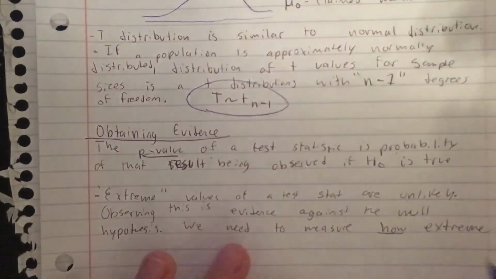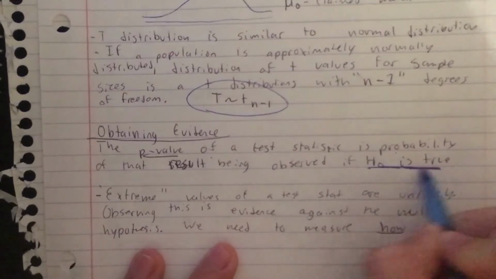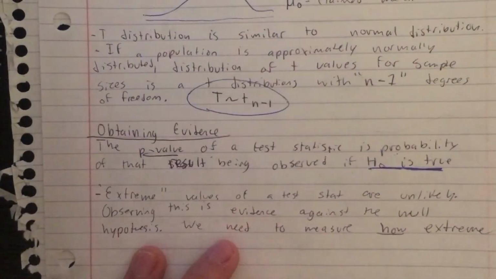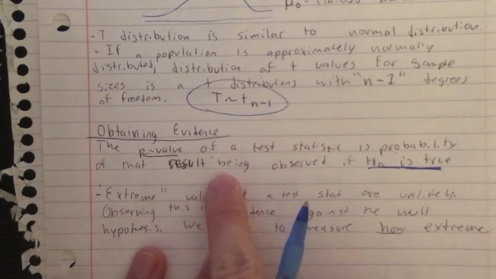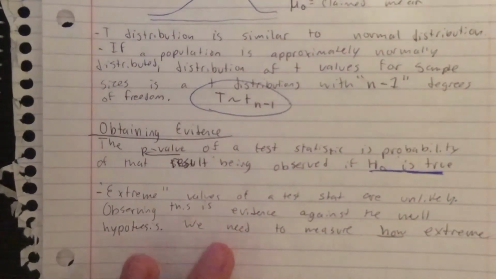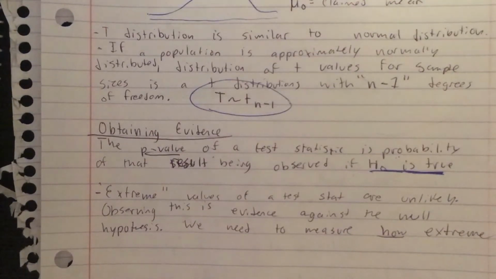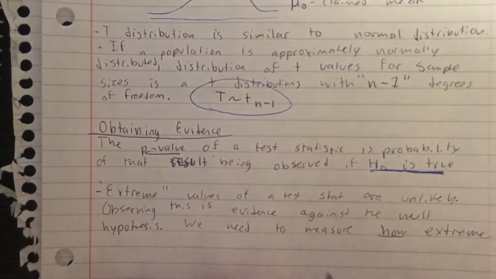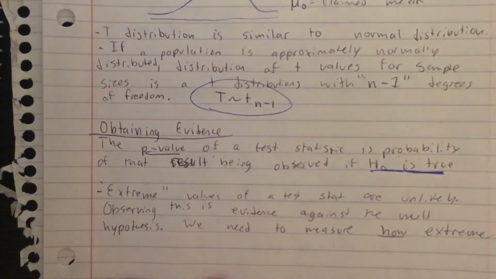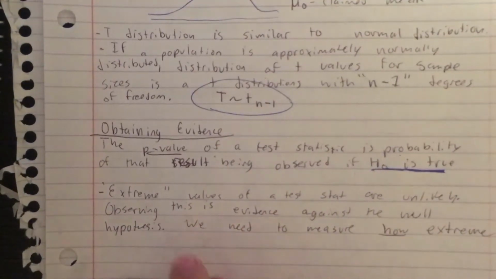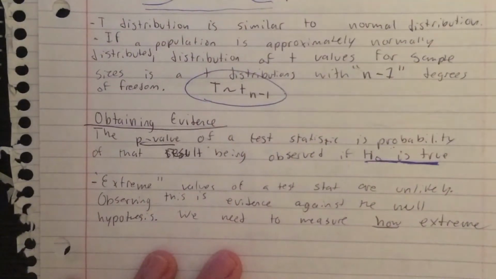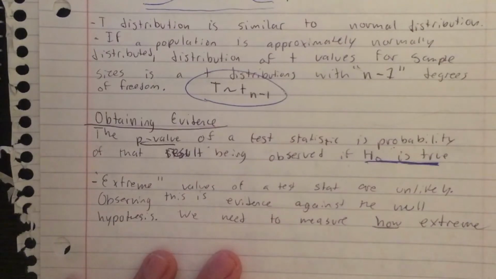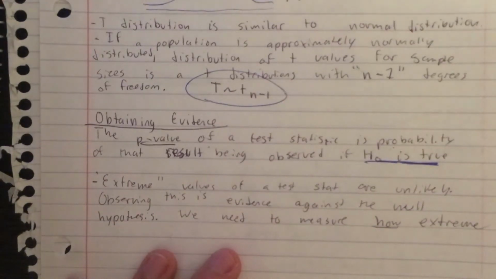So if we're claiming that H naught is true, the p-value is the probability that that result would be observed. Generally, extreme values of a test statistic are unlikely, and observing one of these extreme values is usually good enough evidence to overturn a null hypothesis. But we need a good measurement for how extreme is extreme.